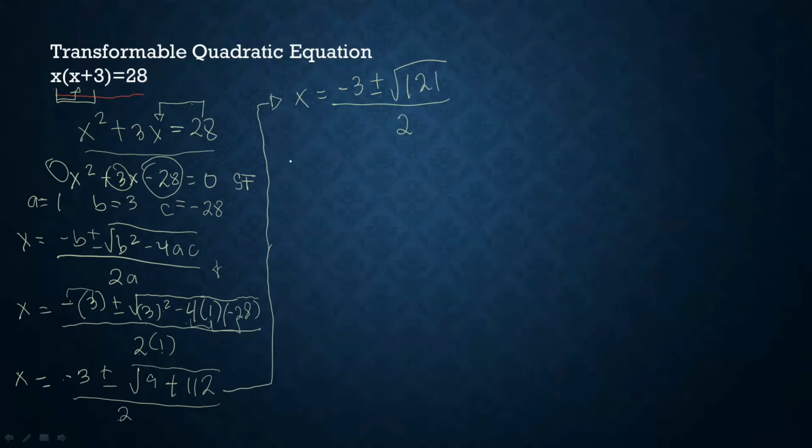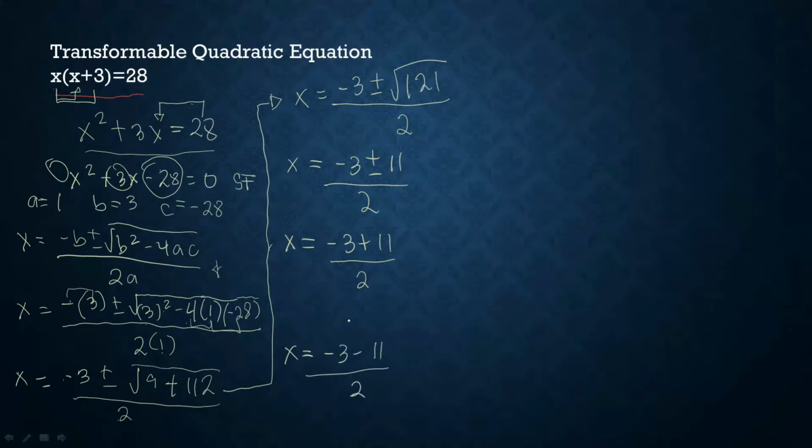So x is equal to negative 3 plus or minus, so yung square root of 121 is 11 and then over 2. Then next naman natin is to separate it to get the value of x. So first one is x is equal to negative 3 plus 11 over 2. And then yung isa naman natin ay x is equal to negative 3 minus 11 over 2.